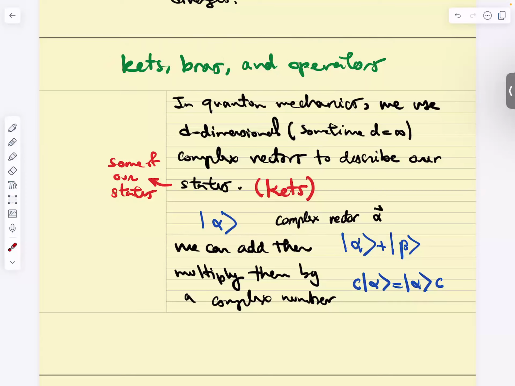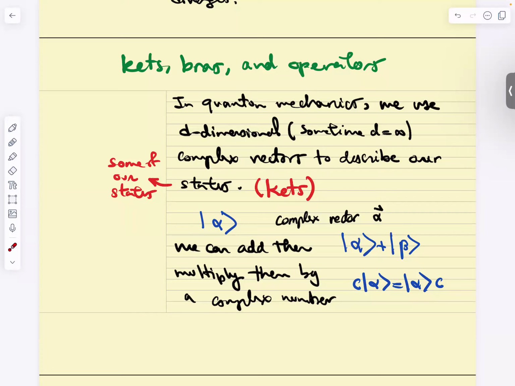I don't know how much you've learned about this language in your undergraduate quantum mechanics, but this is, more than anything else, a very beautiful, efficient, pleasant notation invented by Dirac to work with complex vector spaces, also known as Hilbert spaces.